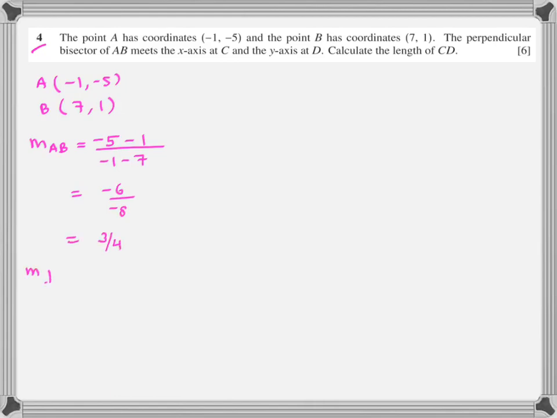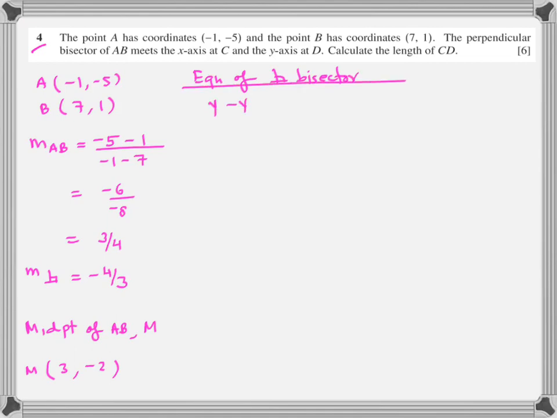In all levels of maths, one thing you will learn is to always be careful. The gradient of the perpendicular is minus 4 over 3, midpoint x1 plus x2 divided by 2, y1 plus y2 divided by 2. Equation of the perpendicular bisector, apply the concept y minus y1 equals m times x minus x1.